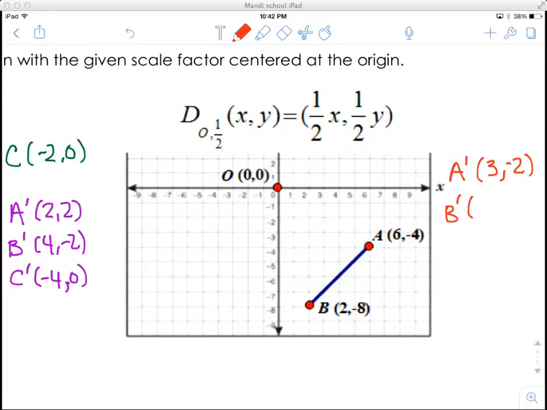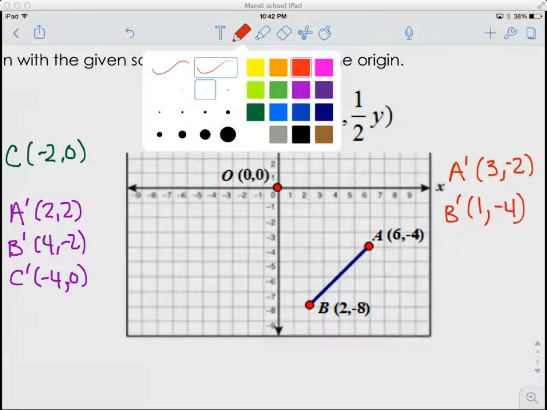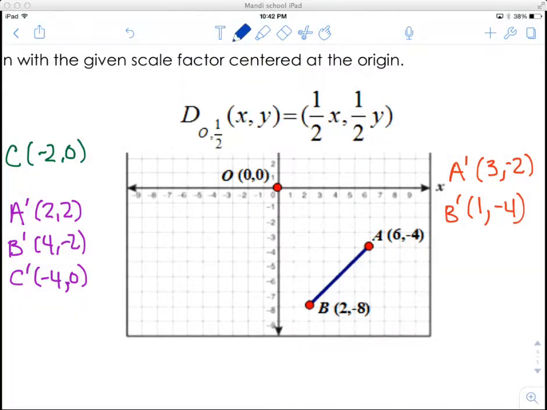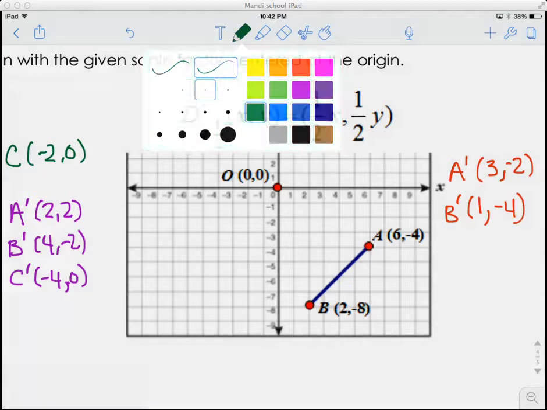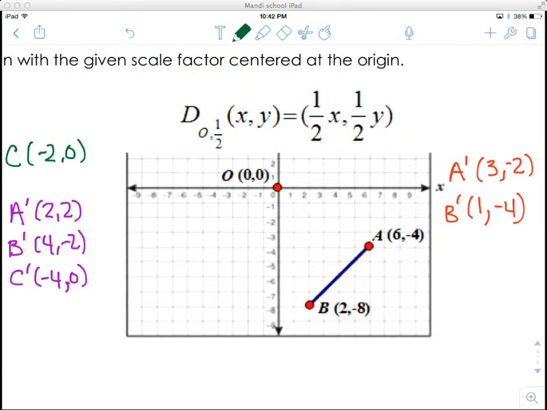For B prime, half of x is 1, half of y is negative 4. So let's pick a color for this one. We'll do green. So at 3, negative 2, and at 1, negative 4.